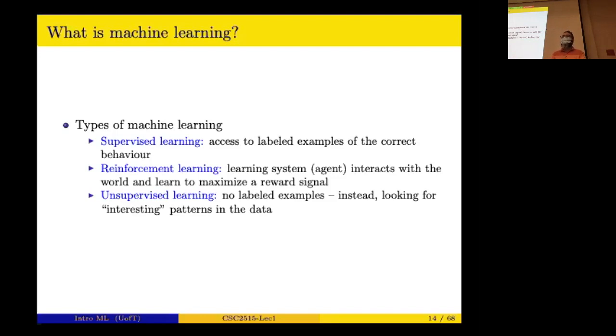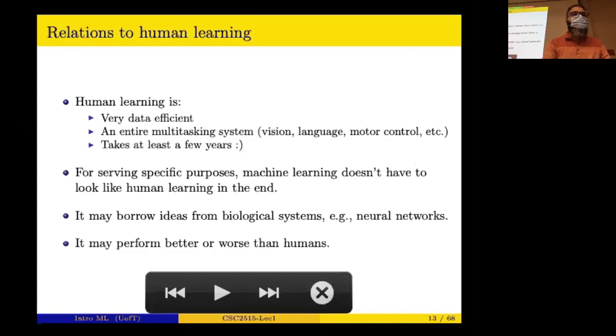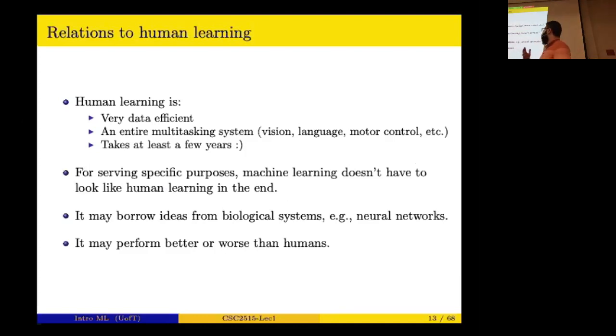But essentially, if you use a neural network, which may borrow ideas from biological systems, those systems are called deep learning systems nowadays. The deep comes from having many layers of these neural networks. I will explain what they are in, I guess, 5 or 6 lectures.